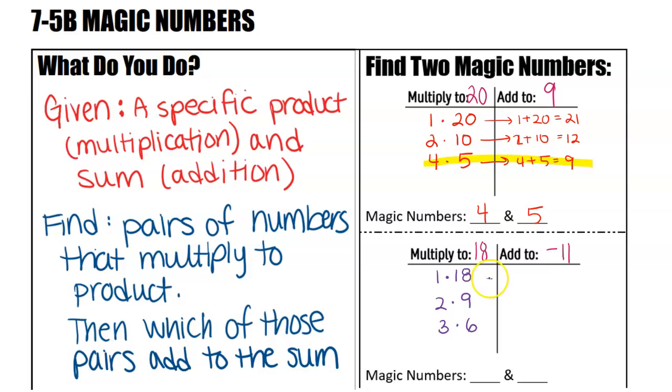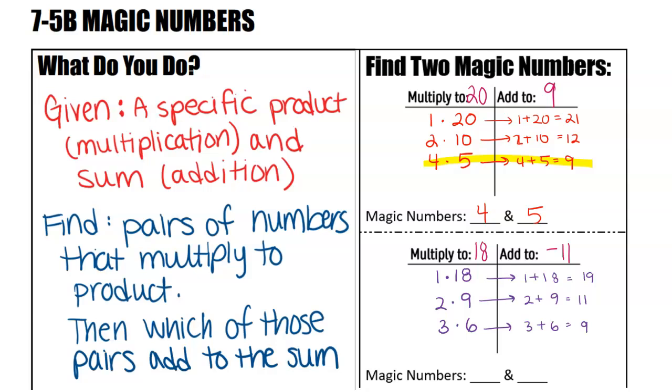Now I'm going to check to see which one of these add to 11. 1 plus 18, 2 plus 9, 3 plus 6. Those sums are 19, 11, and 9. Well, none of those are exactly the number that I want. So we have a little bit of an issue here.